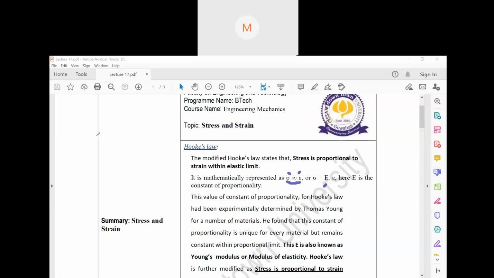Now, if you pay attention, the stress and strain for different materials will be different. Yes or no? Suppose this is sigma, stress, and strain.